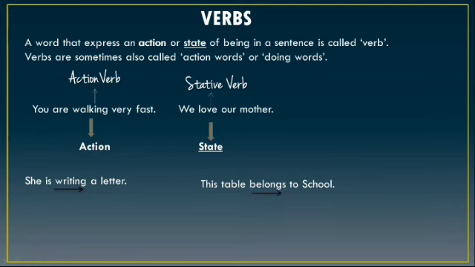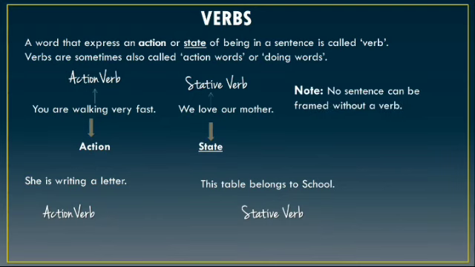Belongs is a verb here. So the verb which shows an action is called action verb, and the verb which doesn't show any action is called stative verb. So you need to remember these two points.